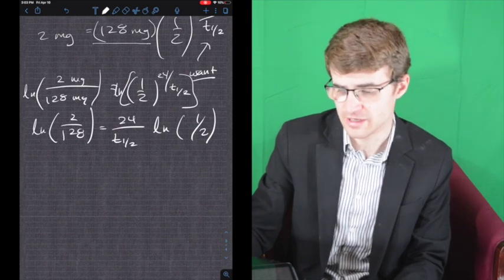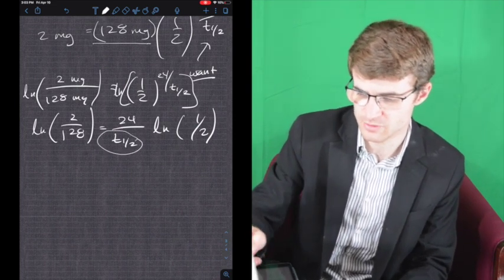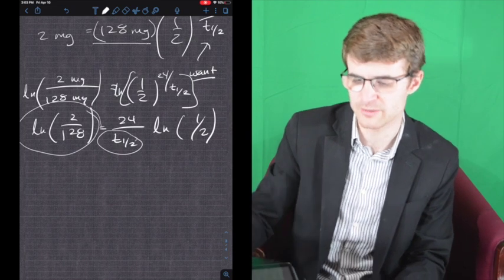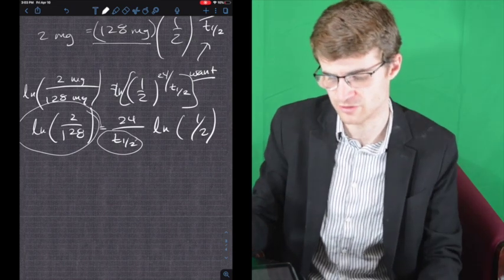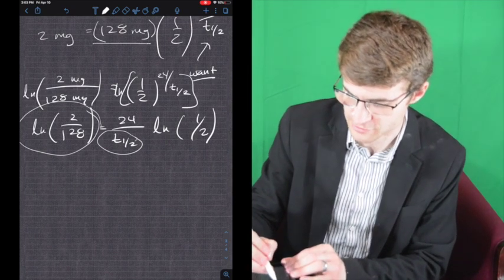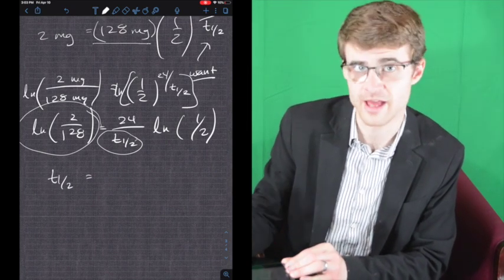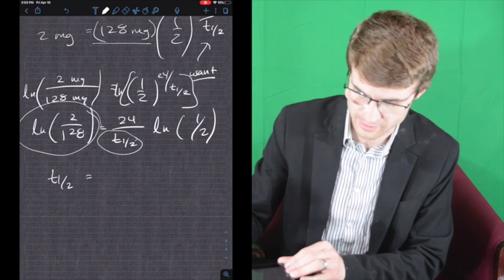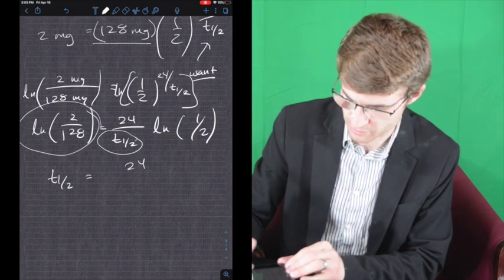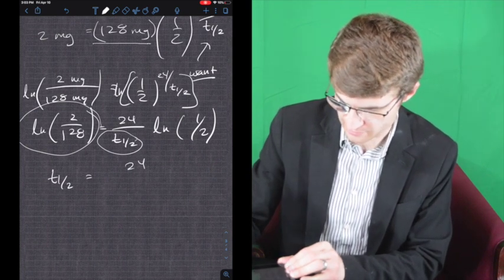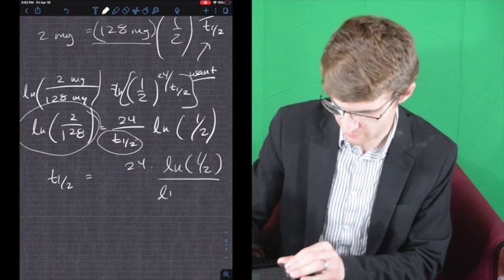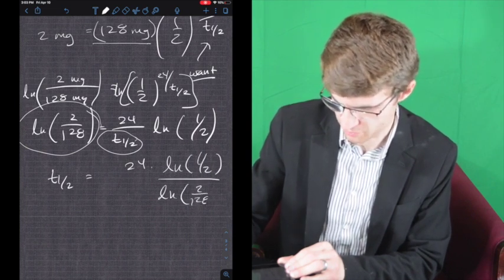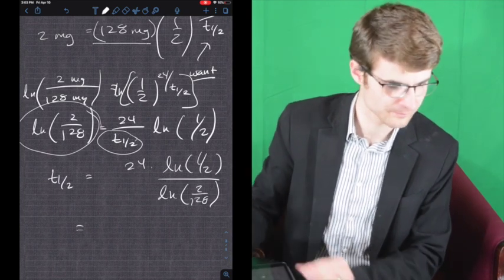This is still kind of hard to get to though, so I'm going to switch this guy and this guy's spots, multiply both sides by the half-life, and divide by the natural log of 2 divided by 128. And so we're going to get that the half-life is equal to 24 times the natural log of 1/2 divided by the natural log of 2 over 128.